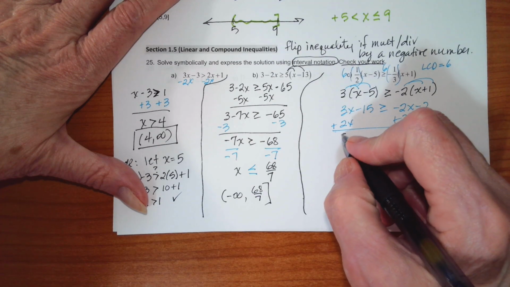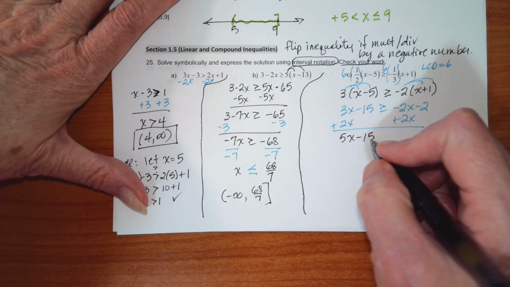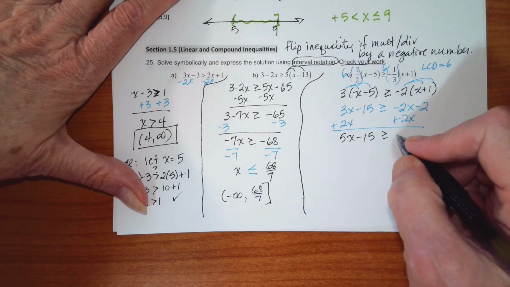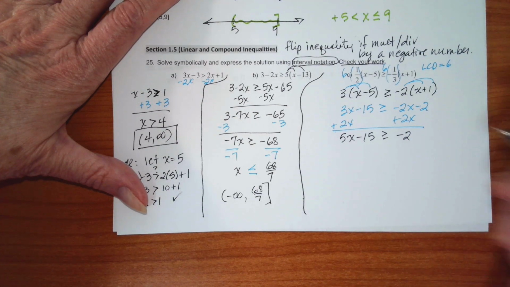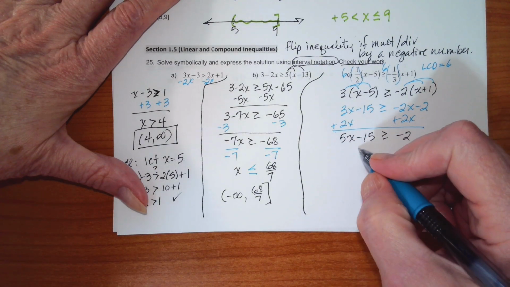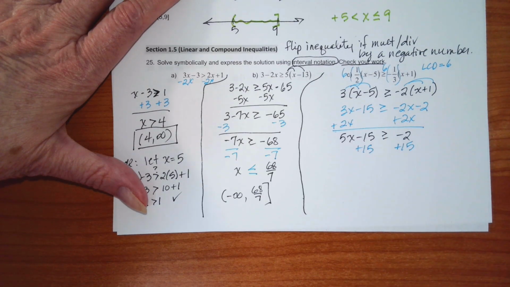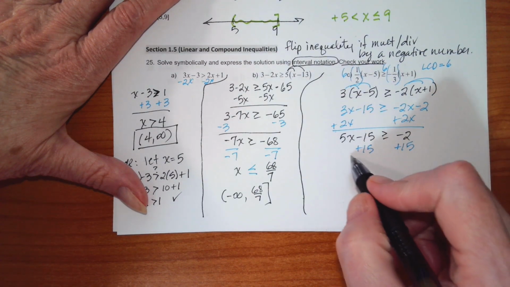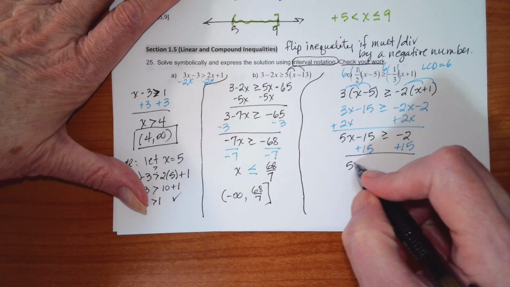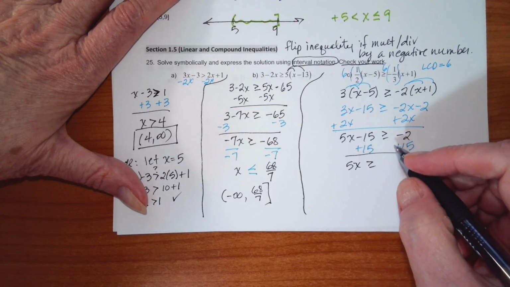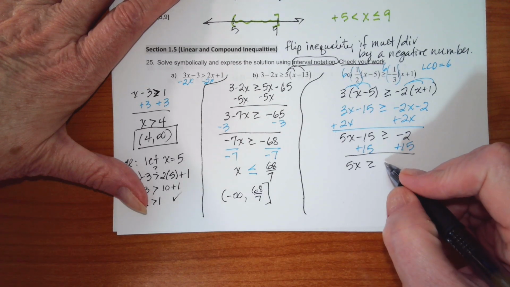And that gives me 5x minus 15 is greater than or equal to negative 2. Continuing to get to the x by itself, I add 15 to both sides. That gives me 5x is greater than or equal to 13.